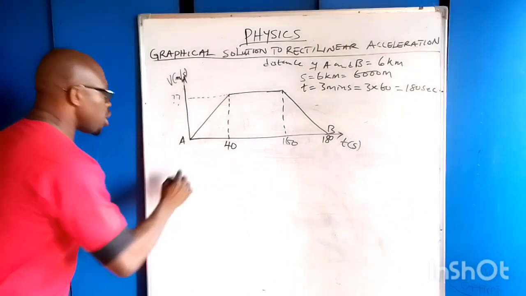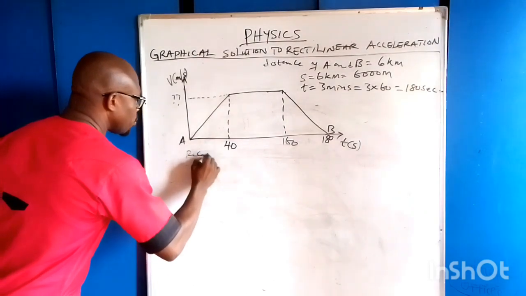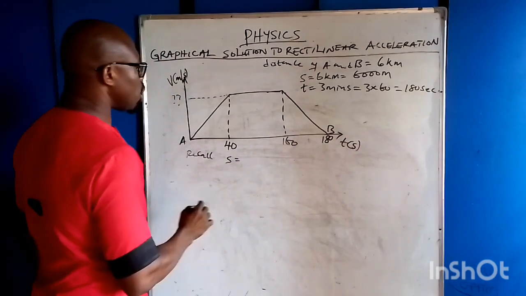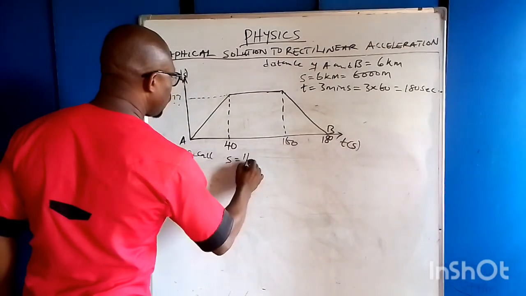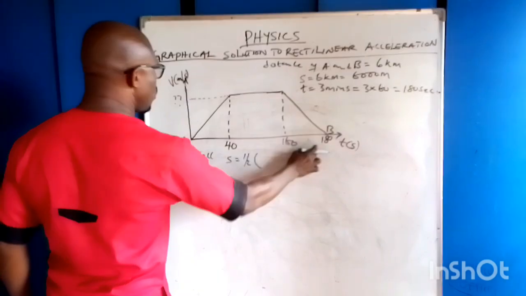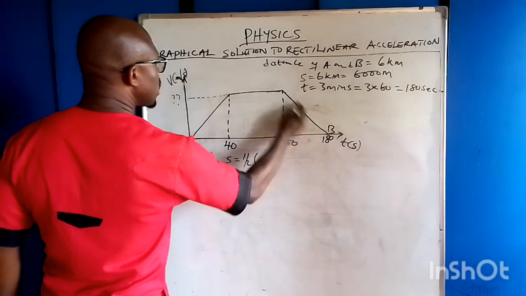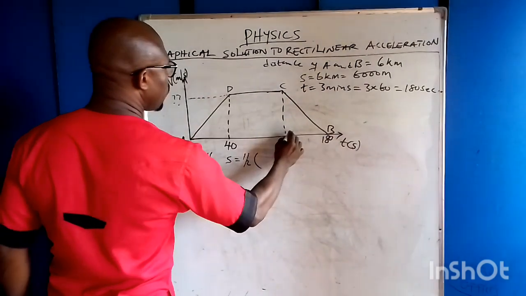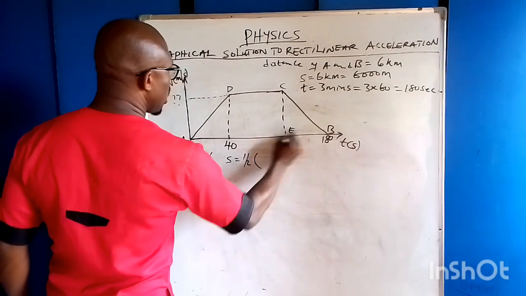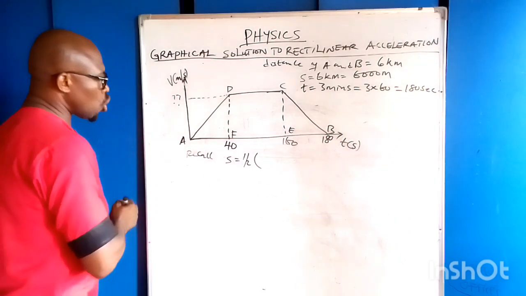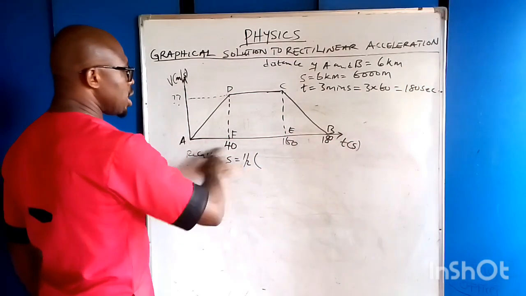Recall that our formula says distance is equal to half what you have here. Since we have A and B, you can have a C here, we can have a D here, we can have E here, and we can have F here.